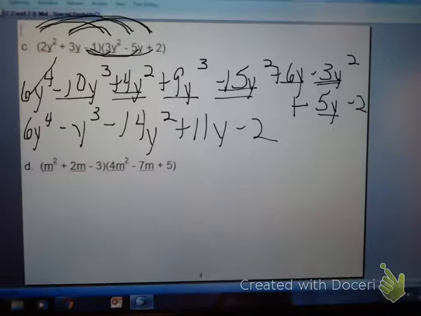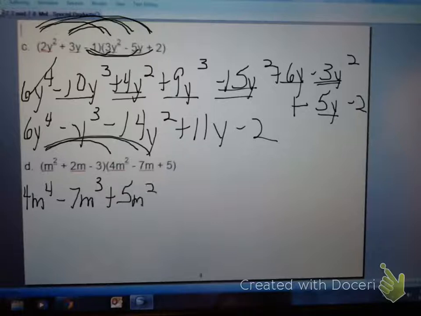Example D, we're going to do, again, the distributive property. That's 4m to the fourth minus 7m cubed plus 5m squared. Now I'm going to multiply 2m times everything, get 8m cubed.